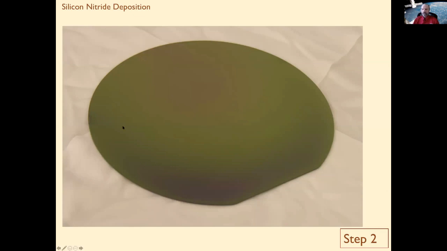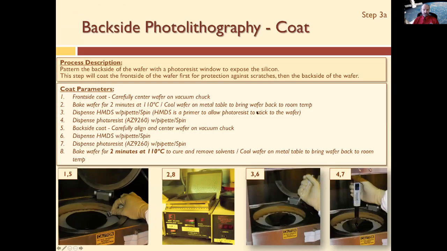The thickness makes it look a little green at this angle. All right, so now we've got our wafer substrate, we've got our silicon nitride, and it's on both sides of the wafer. Remember, when we do the low pressure chemical vapor deposition, it deposits on all sides of the wafer, front and back.